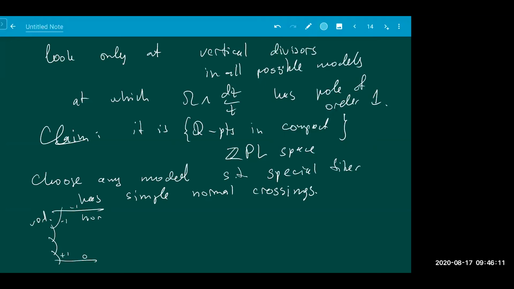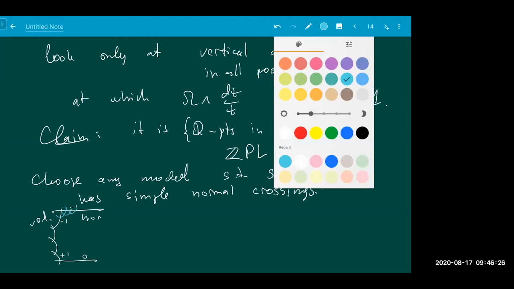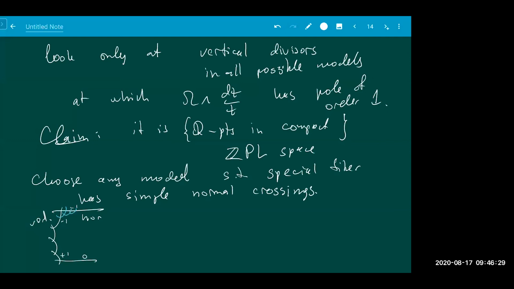So we make blow-ups only at such things, and what we gain by this is something like Farey fractions, and we get points parameterized by integers or rational numbers, and the claim is that you get part of the following set.